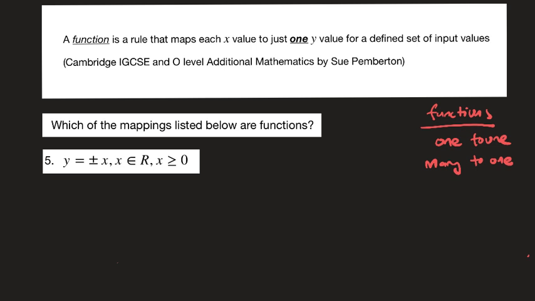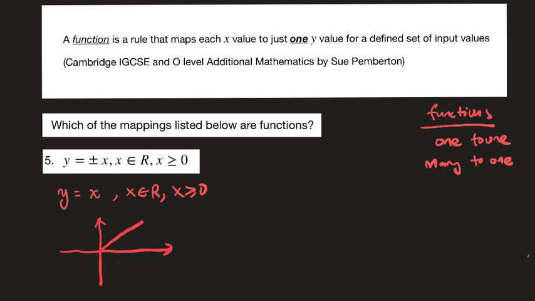Let's try to see this one. This is y equals plus minus x, where x is greater than or equal to 0. Now let's see, if y equals x and x belongs to the real numbers, x is more than 0, the graph will be like this.